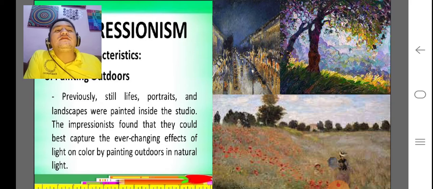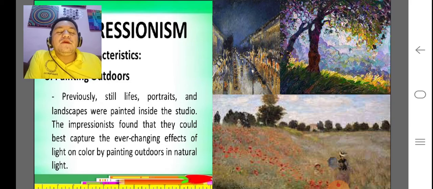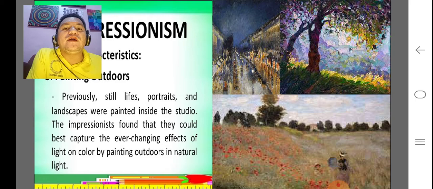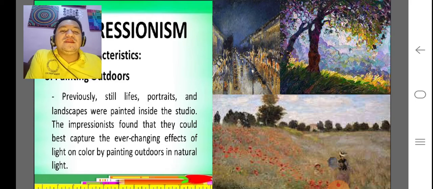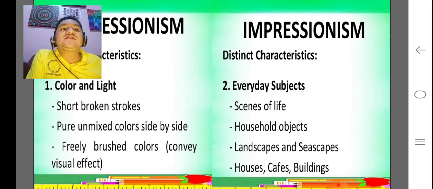They did not only focus on art made inside the studio. Meaning to say, they believe that you are going to engage yourself more when you are dealing with natural light as you paint something. Okay? Why? Let's go back to what I discussed earlier. It talks about the scenes of life.